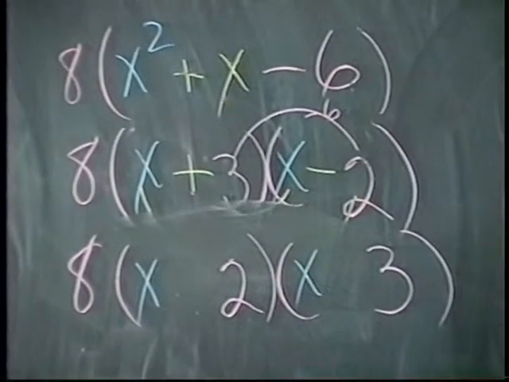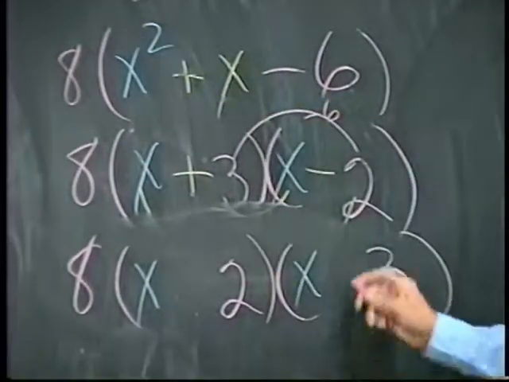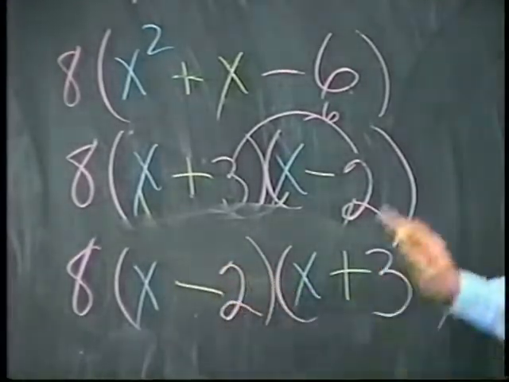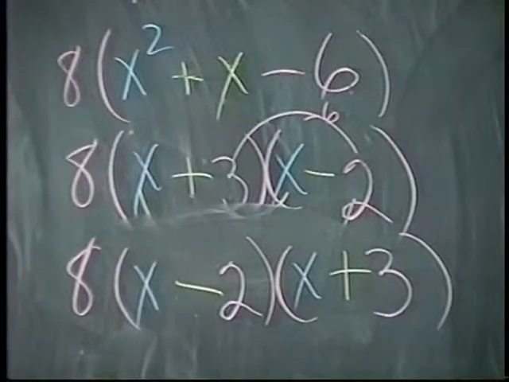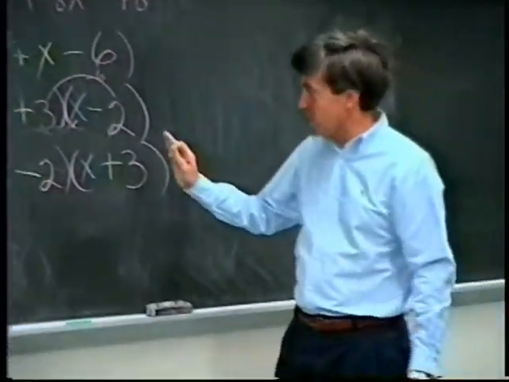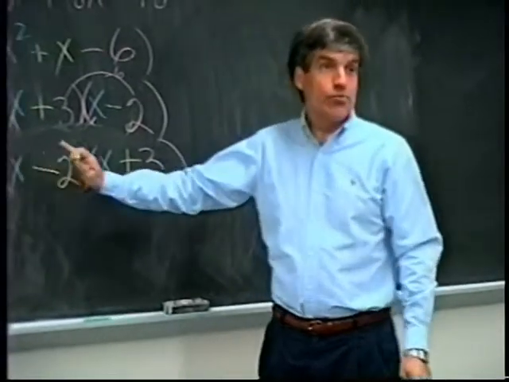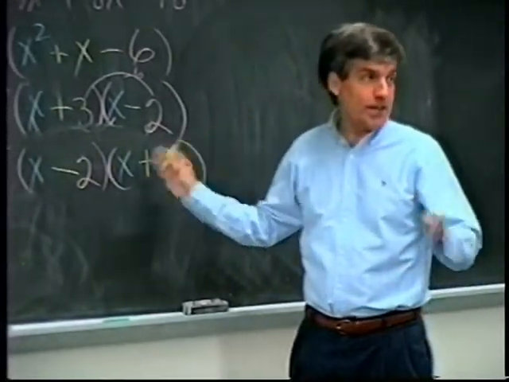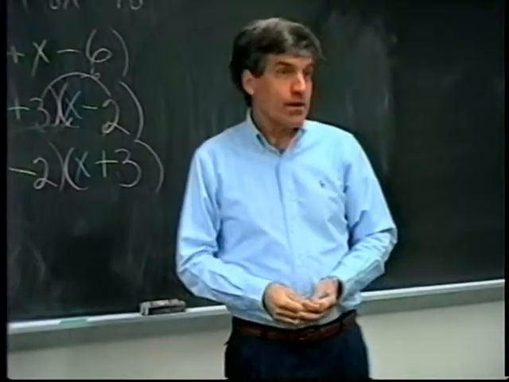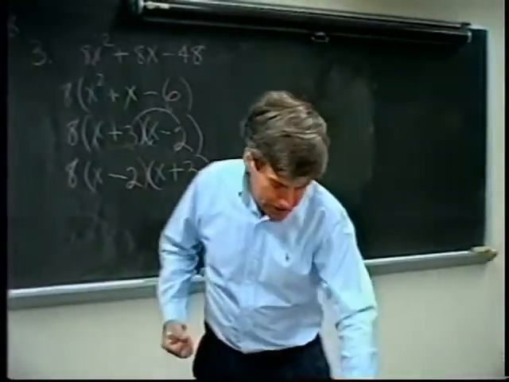Where do you have to put the positive? Positive 3 and negative 2, and that's perfectly fine. As long as you've got the positive sign with the largest number, it doesn't matter where it goes. As long as the signs are with the right number, it doesn't matter what order you put the answer. Is that clear? Okay.